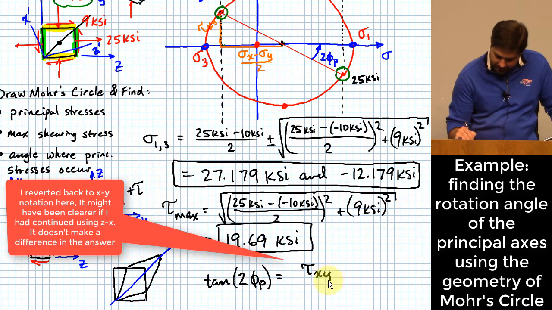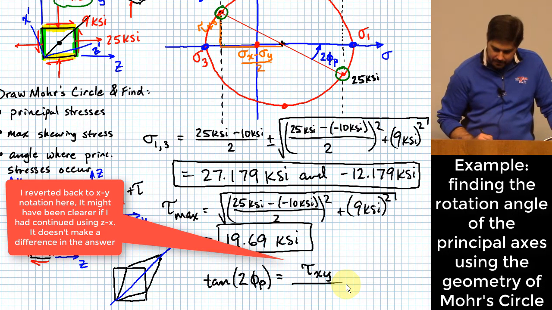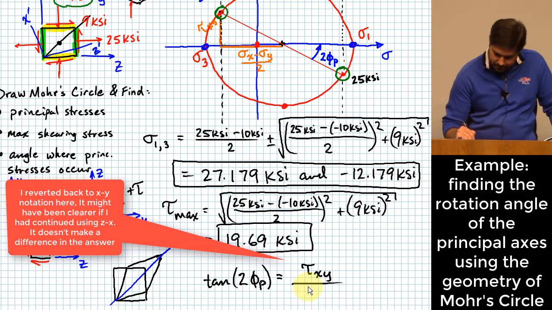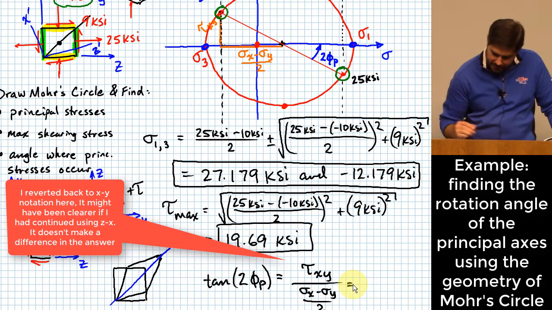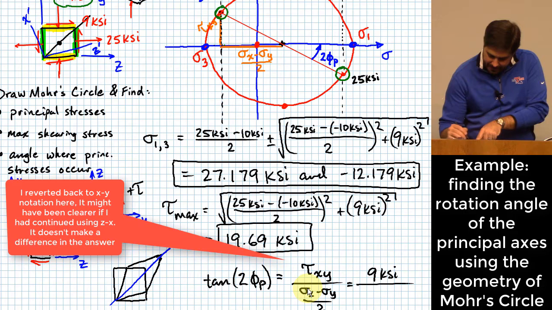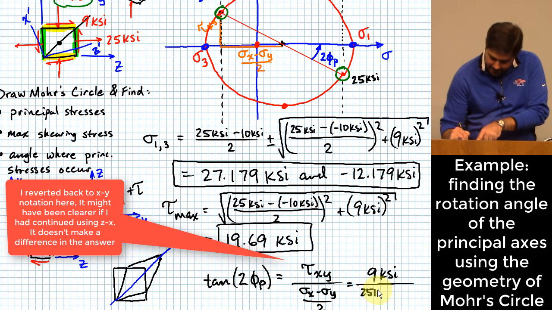Tau xy over what? Okay. So I go ahead and plug these values in, right? 9 KSI. And then down here, I had 25 KSI minus a minus 10 KSI.